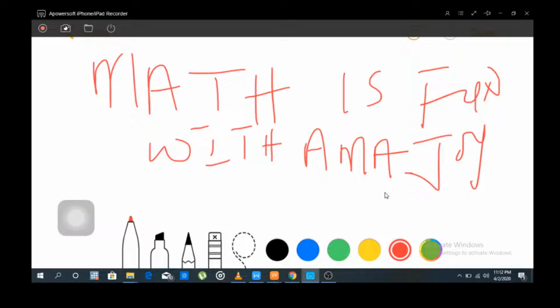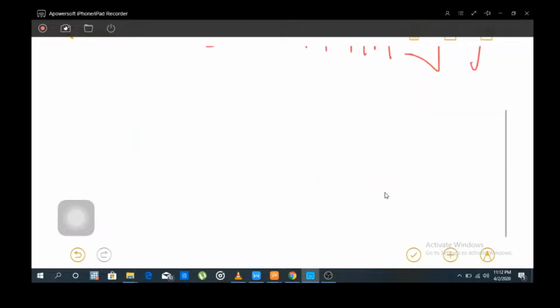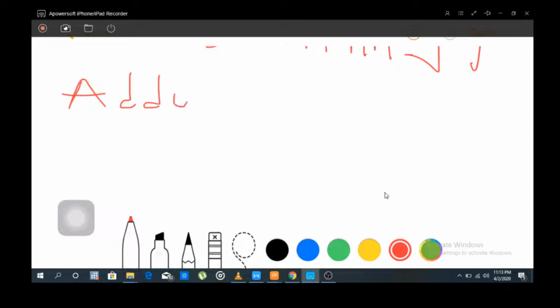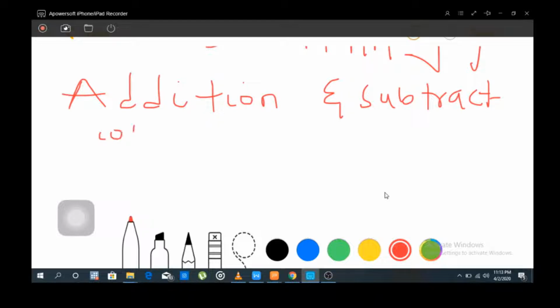And for today's lesson I'll be writing on my notepad, so I'll be a bit slower than usual. So for today's lesson, we'll be doing addition and subtraction of algebraic expressions.